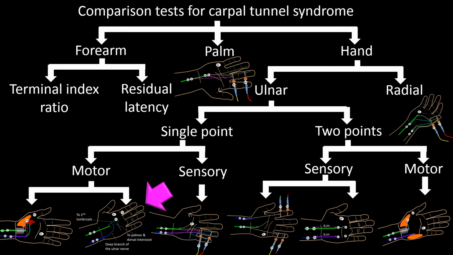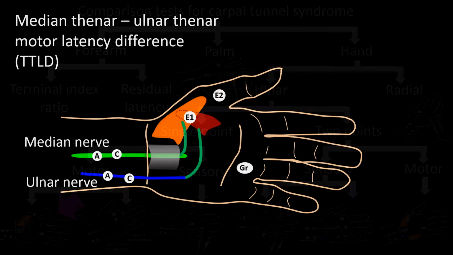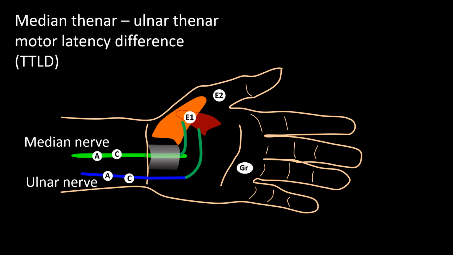In addition to palmar recording, single point recording can also be achieved by recording from the thenar region. I will use this enlarged version to describe it. Median nerve stimulation is done with the cathode 8 centimeters from E1. Ulnar nerve stimulation is done 1 centimeter proximal to the distal wrist, which corresponds to 8 centimeters to E1 in the thenar region.